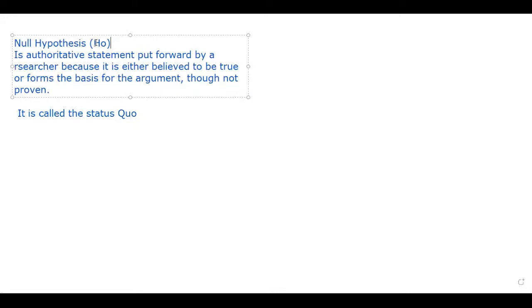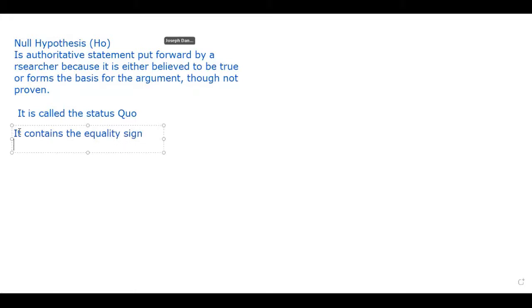So we are saying that we have signs contained in the null hypothesis. We have signs contained in the null hypothesis. So we are saying it contains the equality sign. You get it? It contains the equality sign.